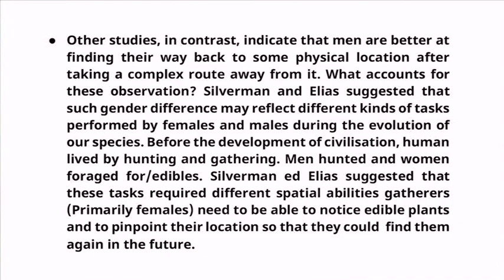They say it is due to the evolution of the human race. Earlier, men used to go into the fields for hunting, and females gathered edible plants with which they could prepare their meals. So they say it is because of evolution that these differences are found.